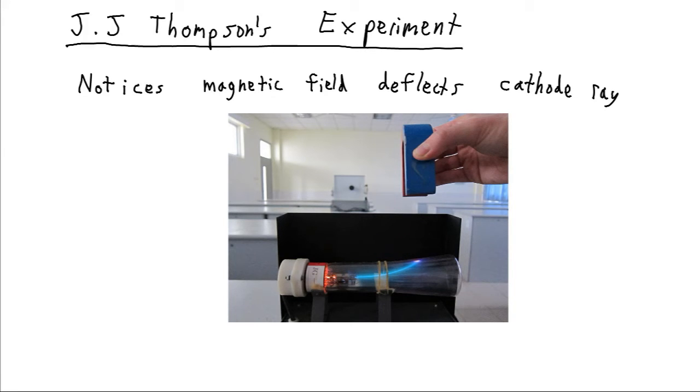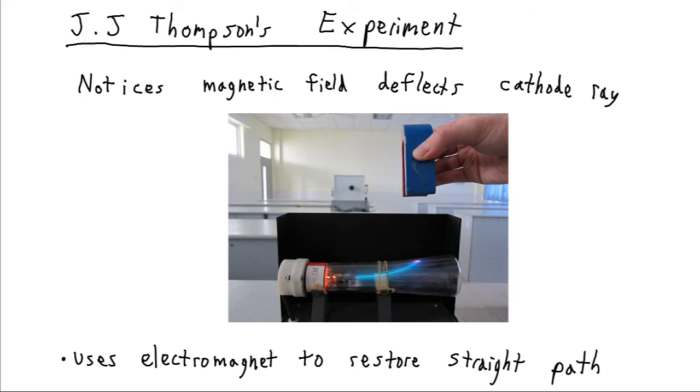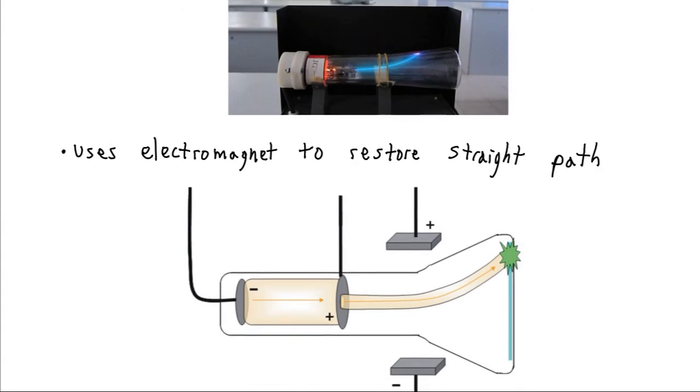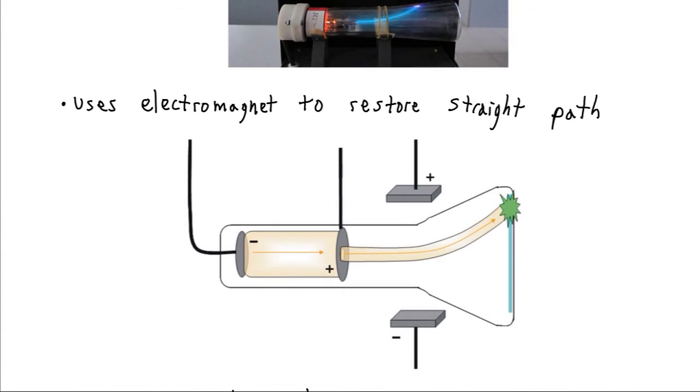This gives him an idea of how he can determine the composition of the ray, or at least something about it. So what he does is he uses an electromagnet to restore the straight path. So the magnet causes the beam to deflect, and then he uses these charged plates in order to push it back to where it ought to be.